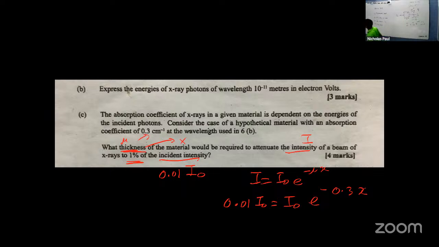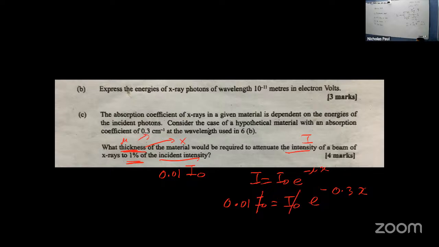But here's the problem, if you don't know about ln. Because I is 0.01 I naught, the I naught will cancel.